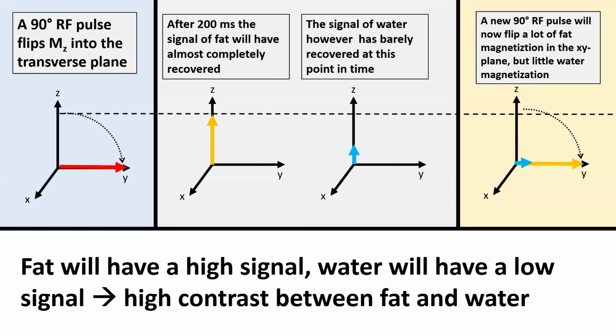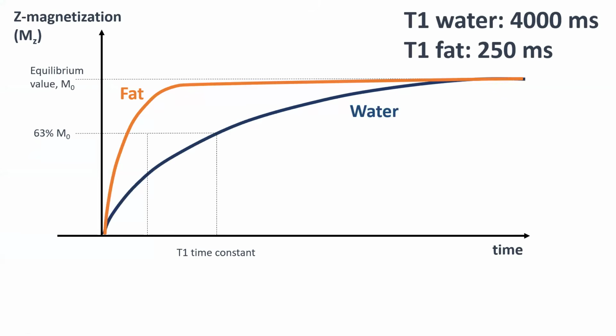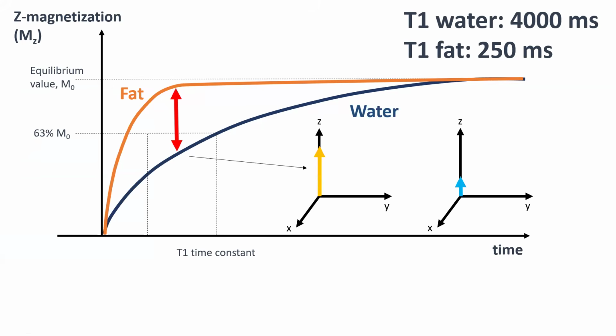So how do we exploit the T1 relaxation differences between water and fat for the creation of high contrast between these two structures? We have to perform a new sequence after a short amount of time. Why? If we wait a long time, both water and fat will have completely recovered the longitudinal magnetization.